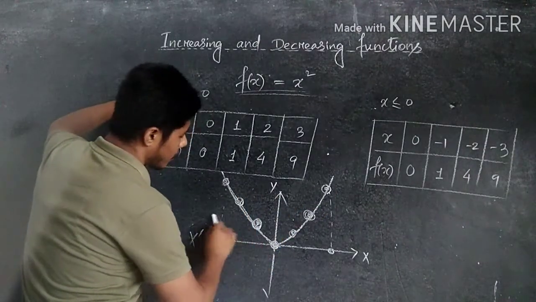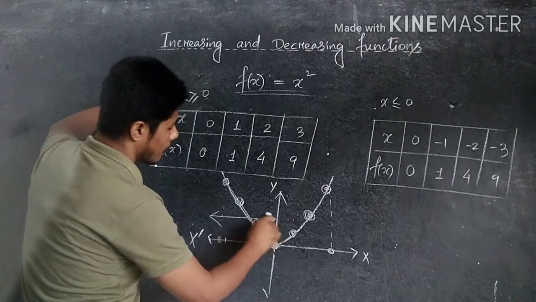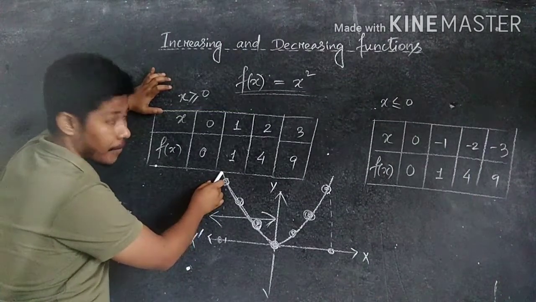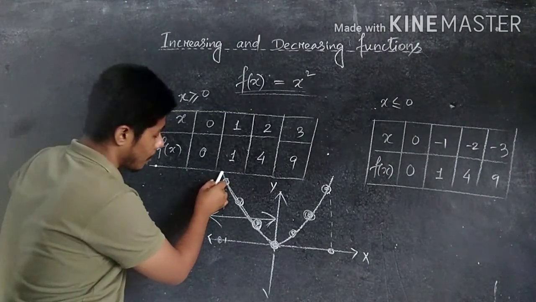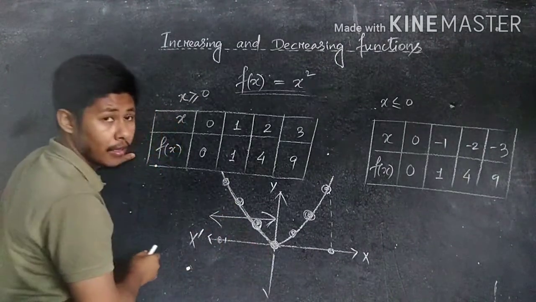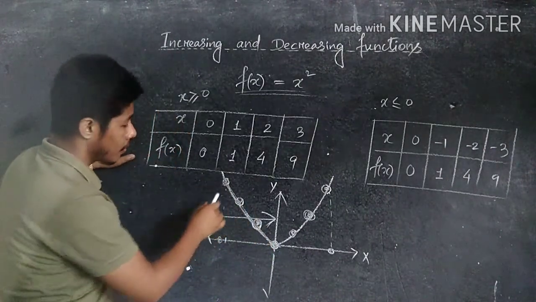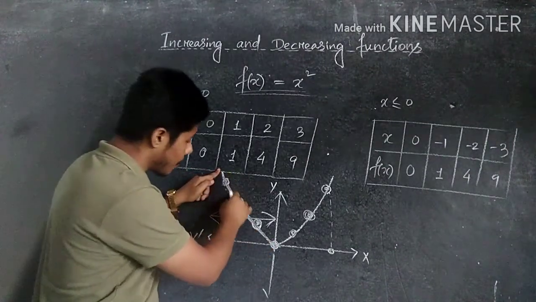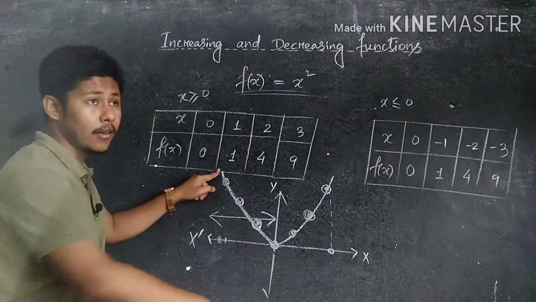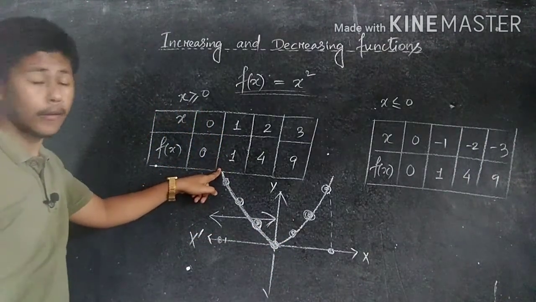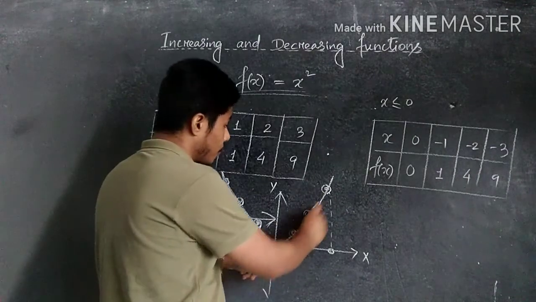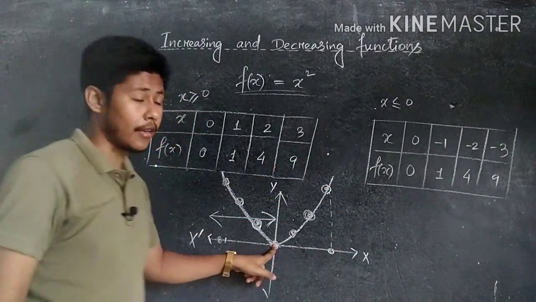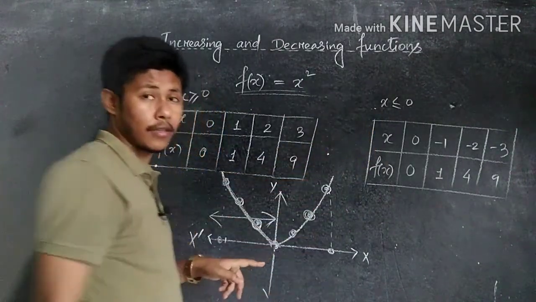So in this part, if you see the graph from the left hand side, the graph is continuously decreasing. From the left hand side up to 0, what happens to the graph? It is continuously going down. But if from 0 to the right hand side, what happens to the graph? It is continuously increasing here, the graph is going upward.